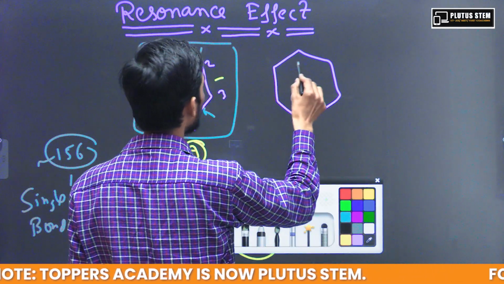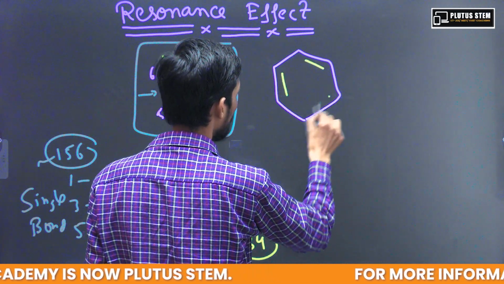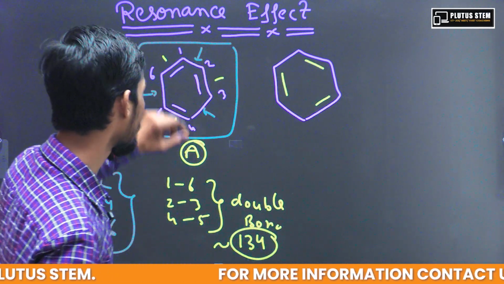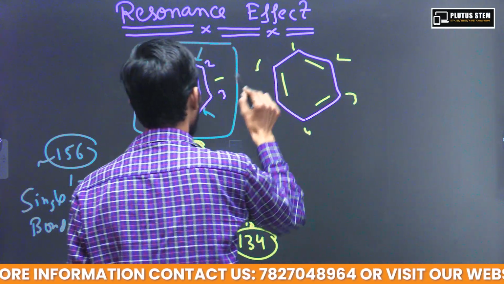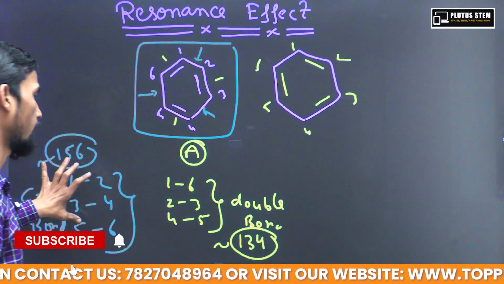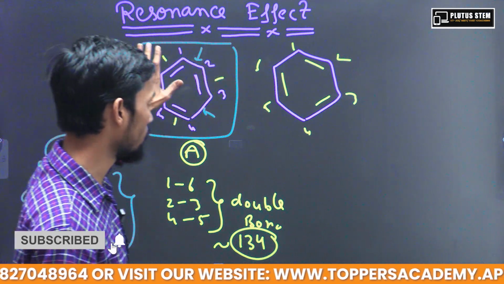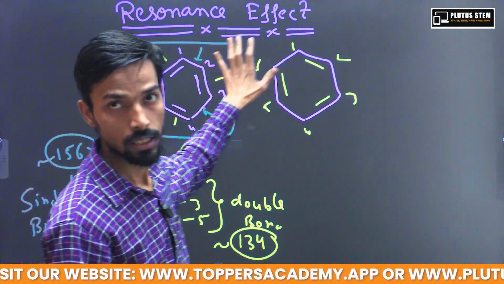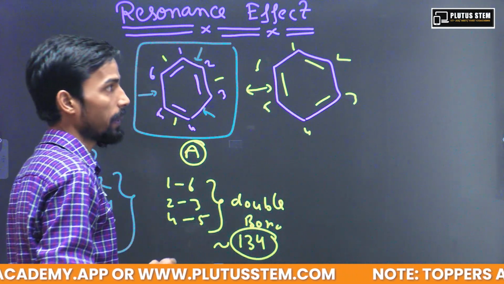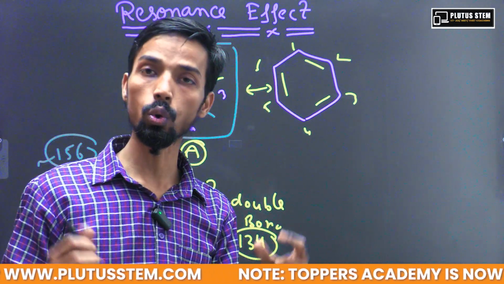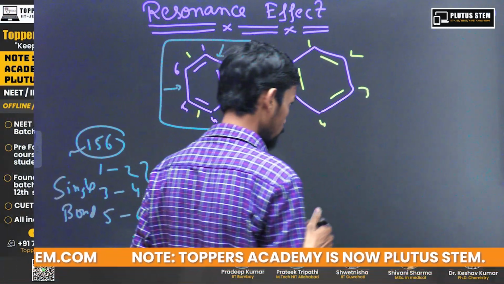So this compound is drawn like this. In this case 1, 2 is a double bond, whereas initially 1, 2 was a single bond. We can assume sometimes it is in this state, sometimes in that state, and these two structures are separated by a two-sided arrow.